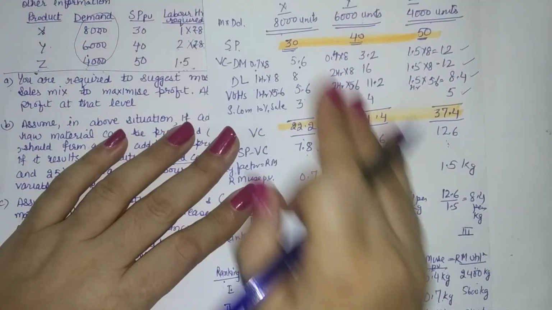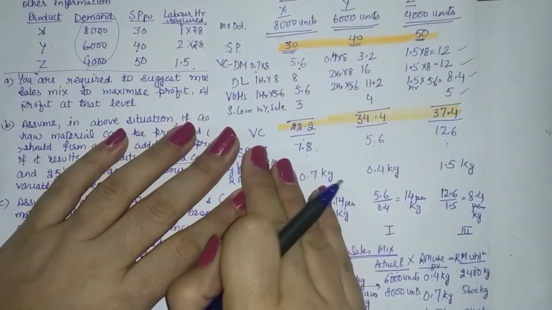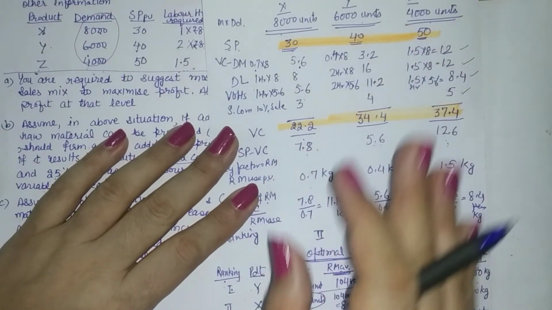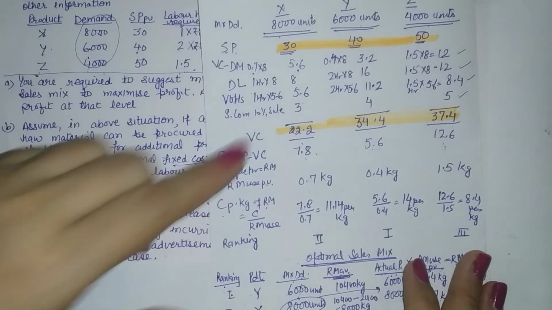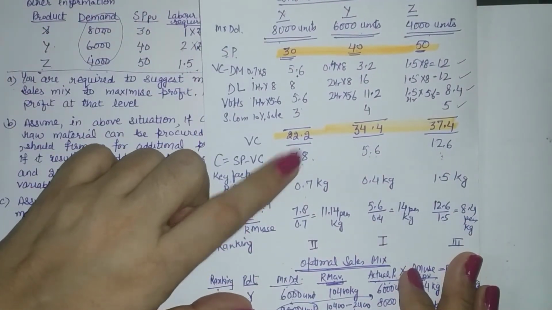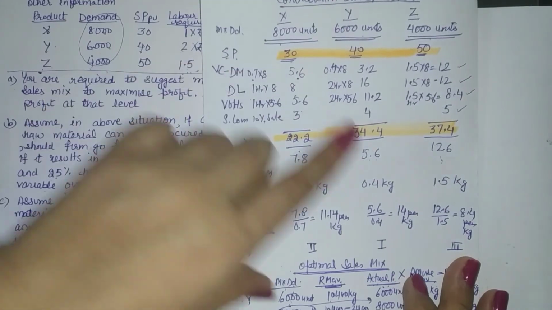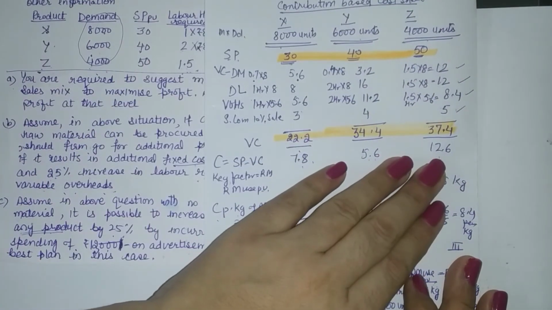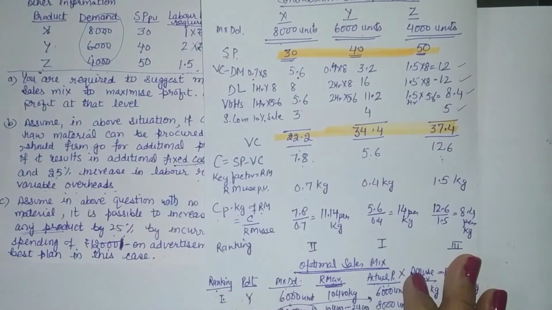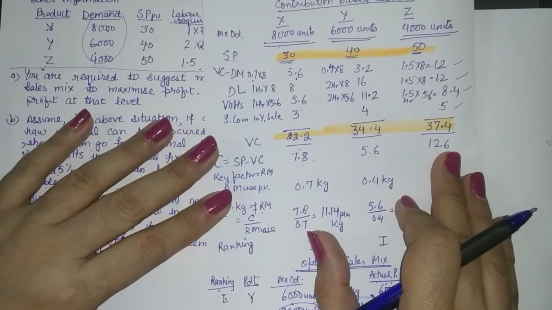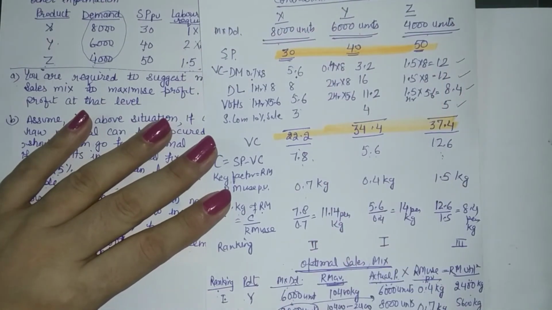But when it says 25% of original demand, then all are not same, because herein you will be getting this contribution on 2,000 units. Here you will get contribution on 1,500 units, but for Z you will get contribution only on 1,000 units.